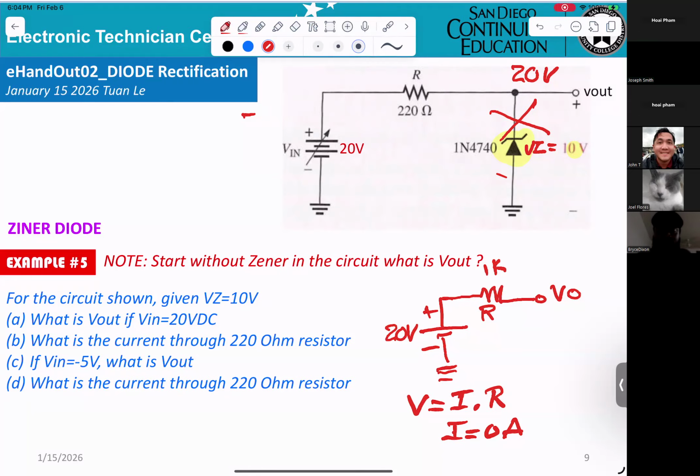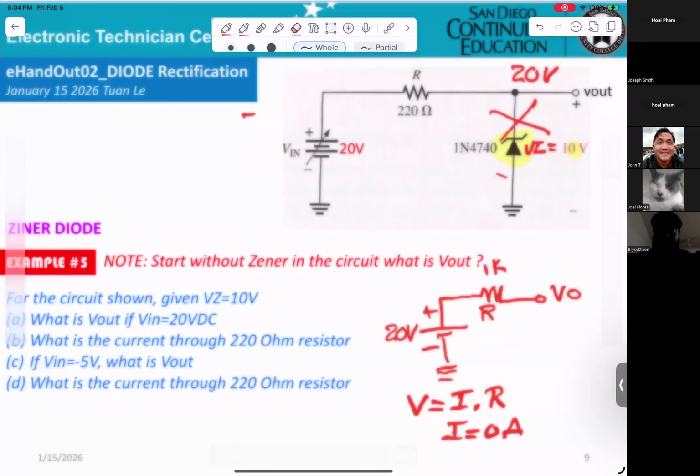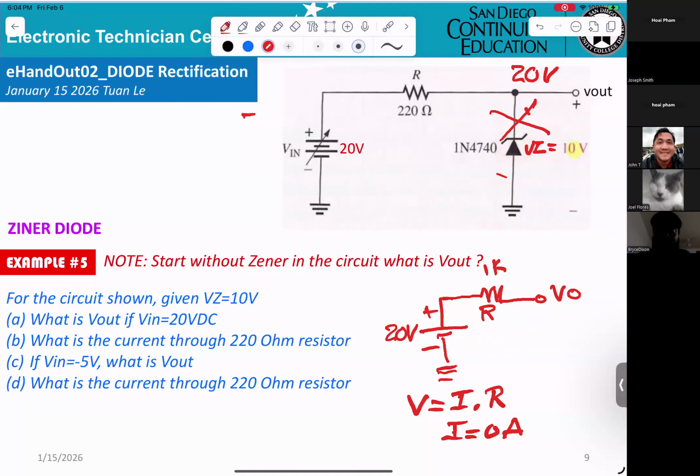Okay, now, when you get the zener, you get 20 volt, higher than the 10 volt zener.